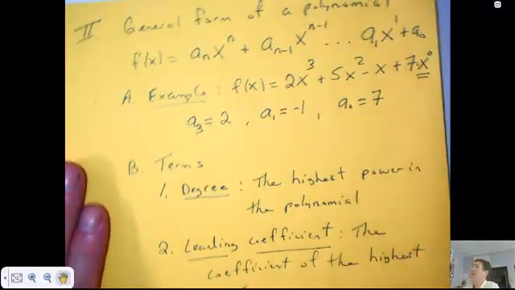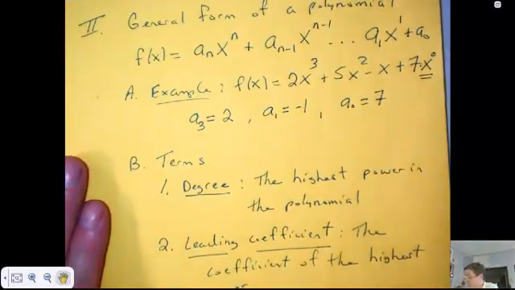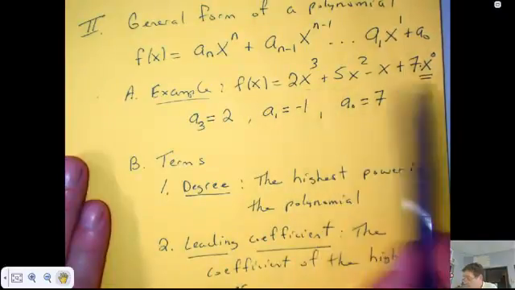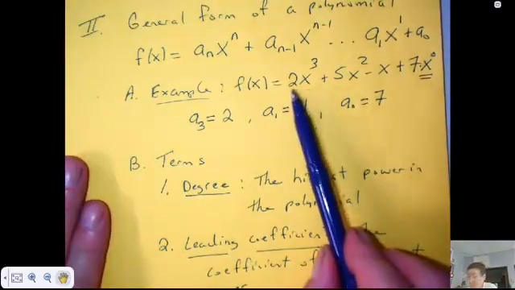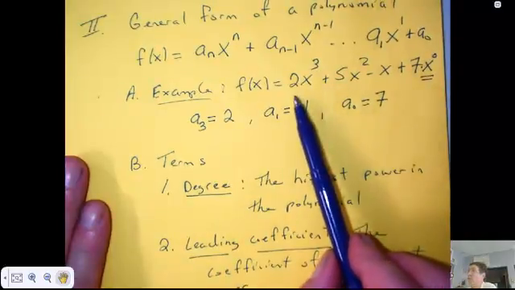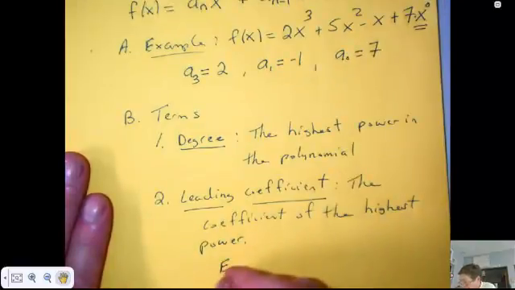So if we look at my example here, what's the leading coefficient? The 2, right? The highest power is 3, so it's the coefficient of that term. So my example would be 2.